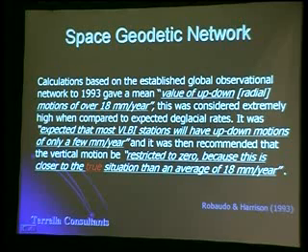This has been going on since about 1976, but it wasn't until 1993 when they had enough ground-based stations available throughout the world to be able to use this 17 years worth of information to calculate a radius of the Earth.